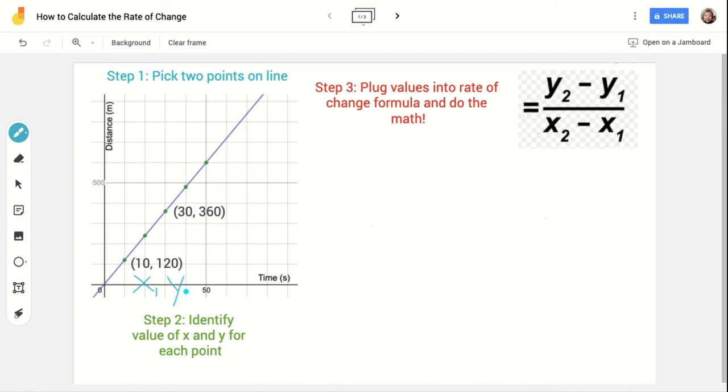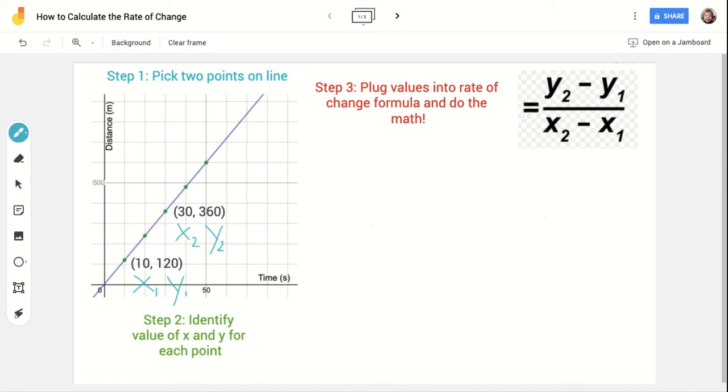That makes this y1. And then that makes 30 x2, and 360 y2. Now, we got to keep the x's and y's straight, and whether they're from the first point or the second point, because you need to know that to apply the rate of change formula.